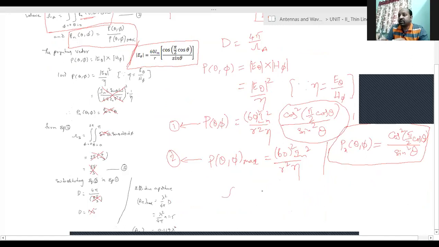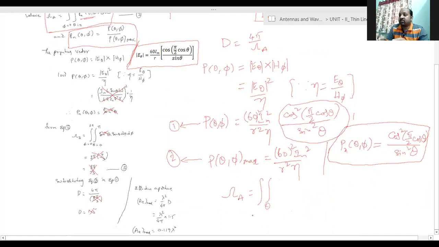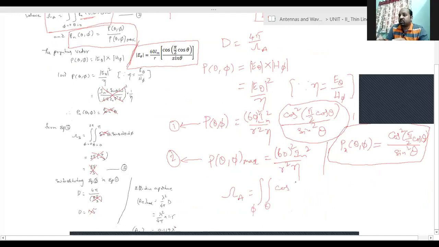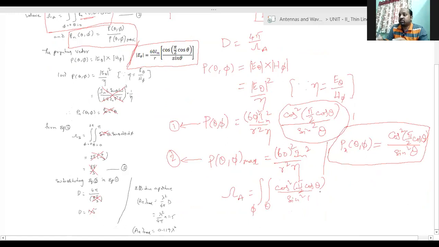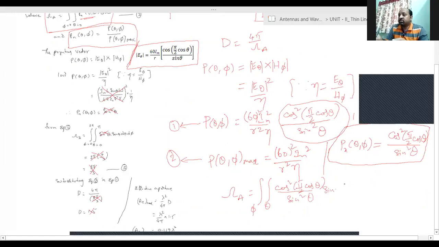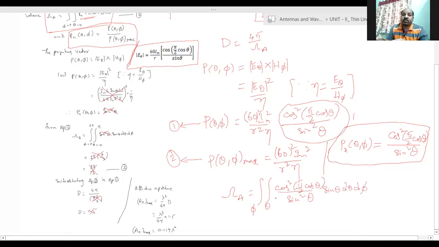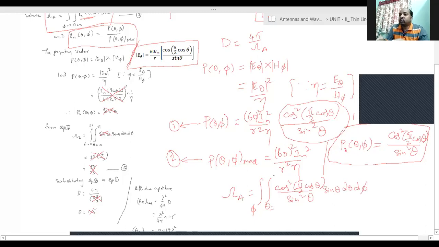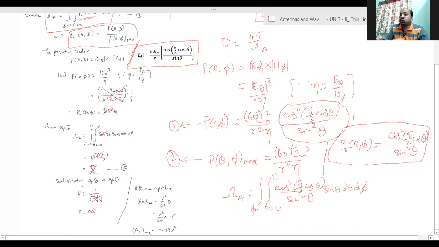Beam area is equal to the integral over theta limits and phi limits of cos square(pi by 2 cos theta) divided by sin square theta d omega, in the sense sin theta d theta d phi, where theta is 0 to pi and phi is 0 to 2 pi.